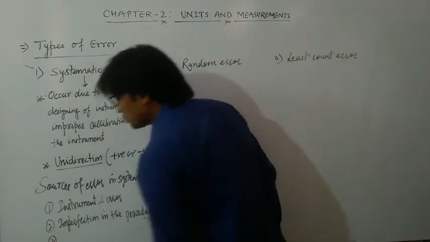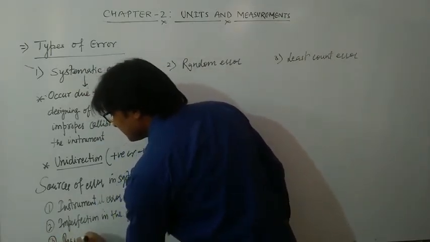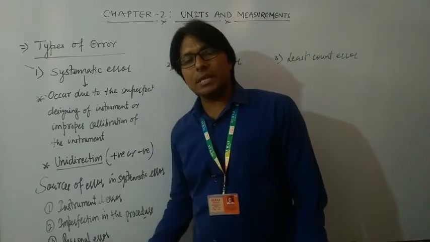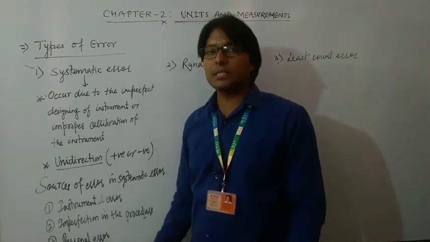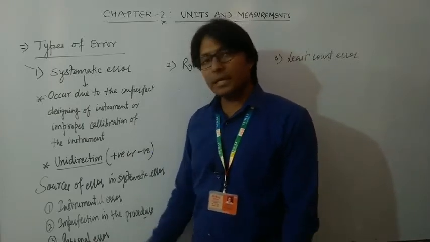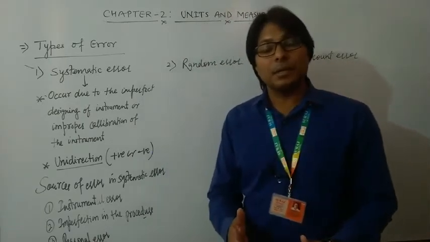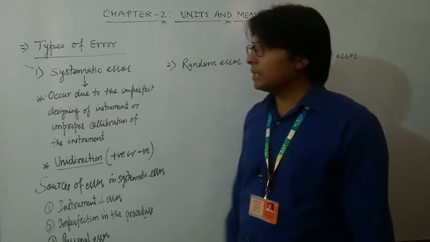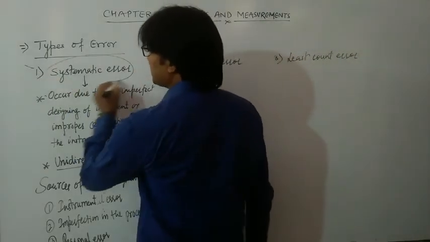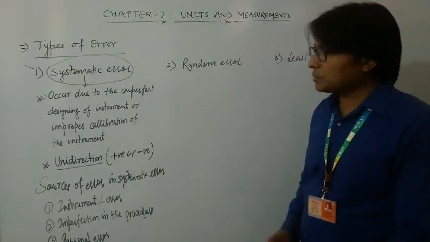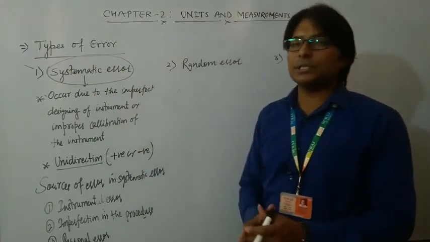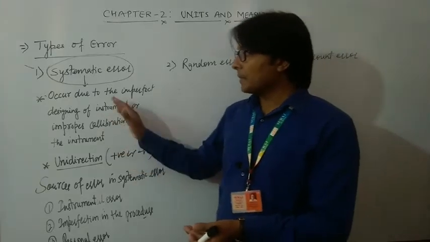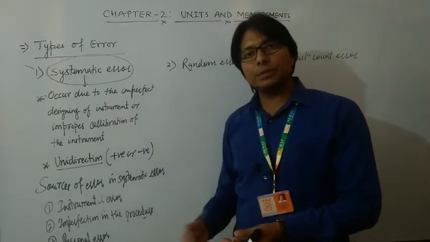And the third source may be personal error. If we deploy personnel who have no experience of how to take readings, or who have some visual defects, then definitely the measurement will become faulty. Such errors are considered systematic errors. So let me recap: systematic error occurs due to a fault in the system itself, and it is unidirectional, either positive or negative.